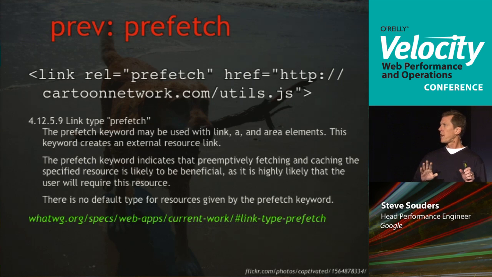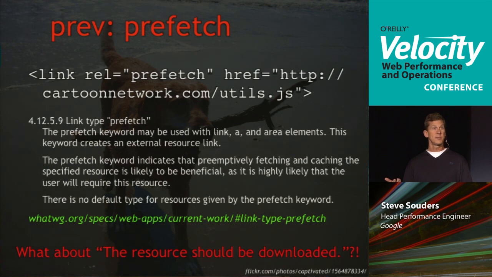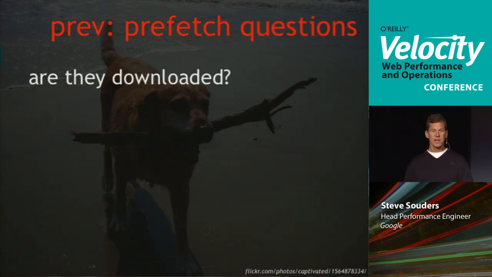But I read this, and I'm left wondering a lot of things. For a spec, I don't feel like it's very specific. I would have liked it if they had specified maybe that the resource should be downloaded. It's not mentioned here. So I read this, and I'm like, is anything downloaded?